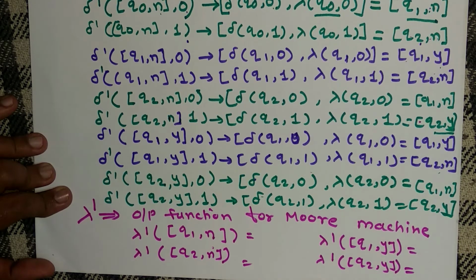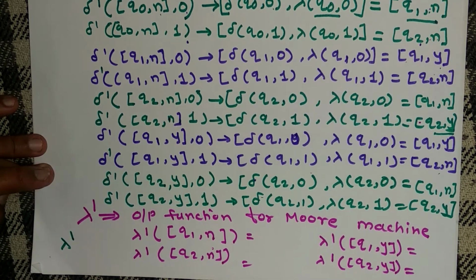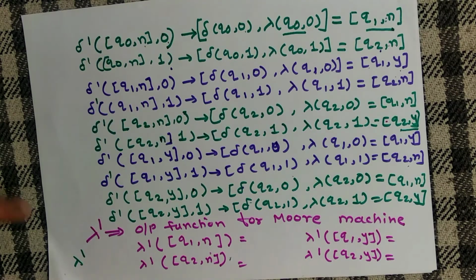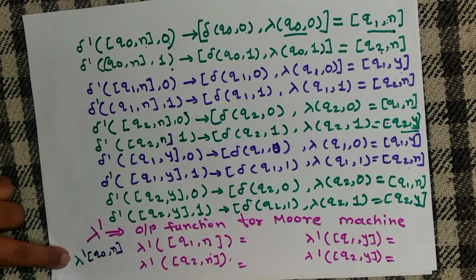Okay, and which one is the starting? I am highlighting the starting state as lambda dash. We started from the Q0n state.